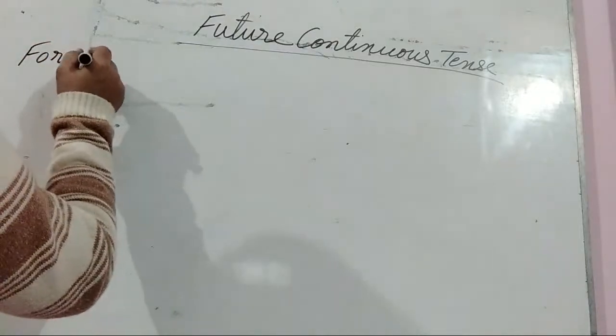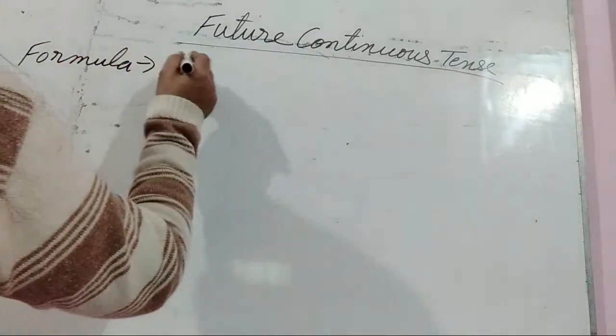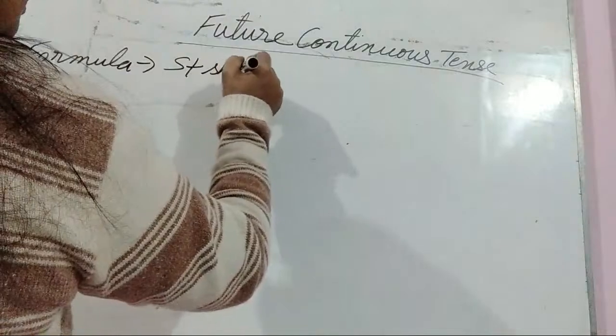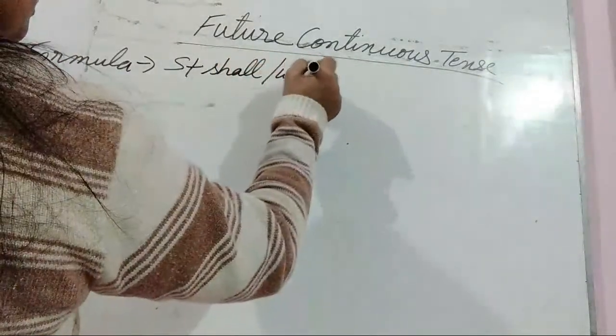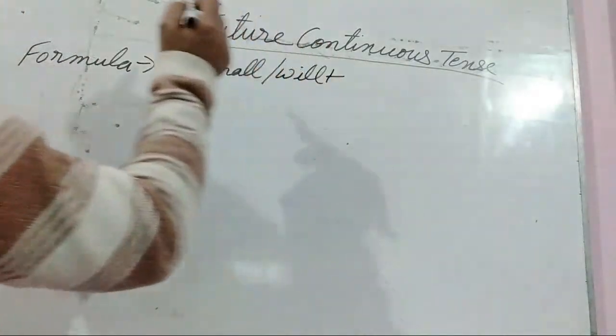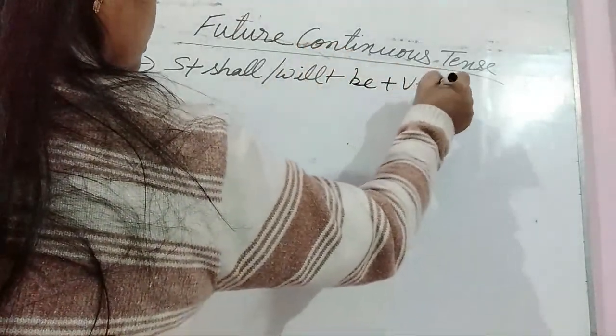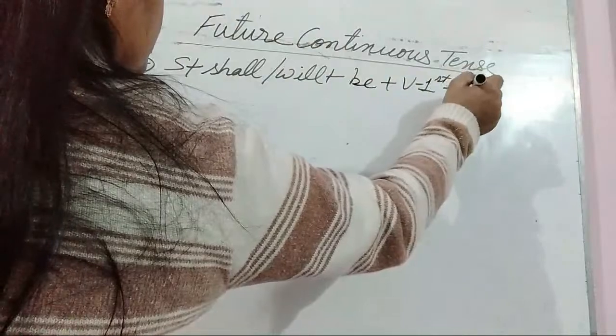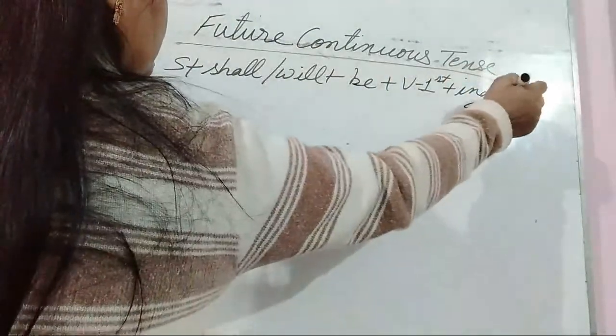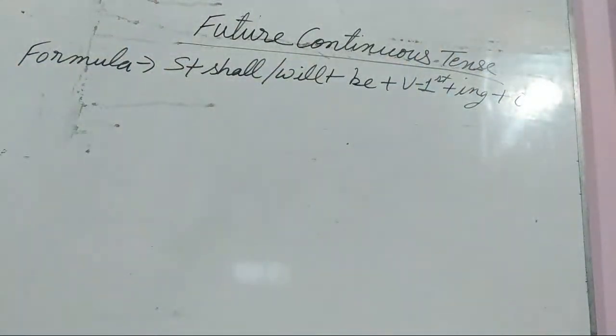The formula is subject plus shall or will plus be plus verb first form plus ing plus object.